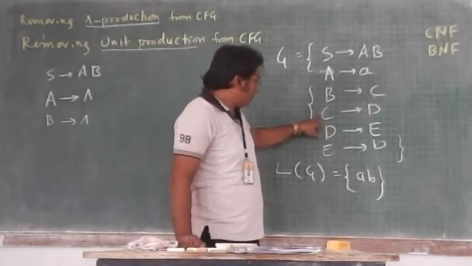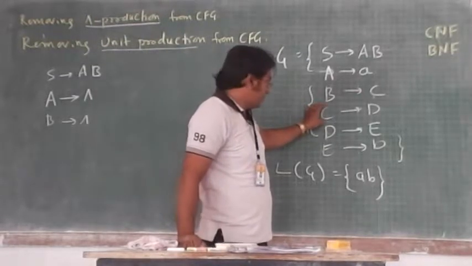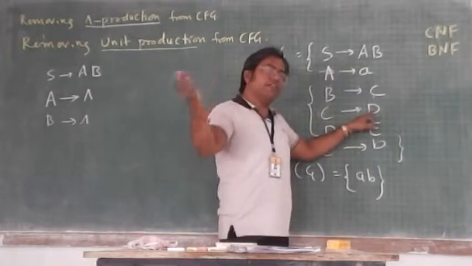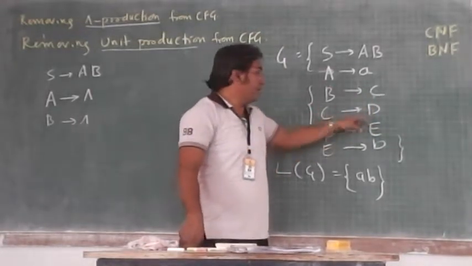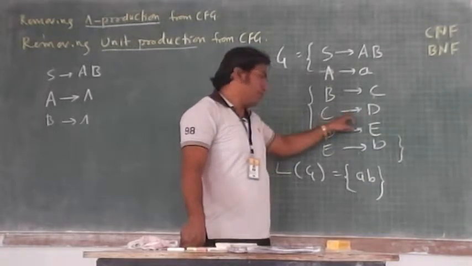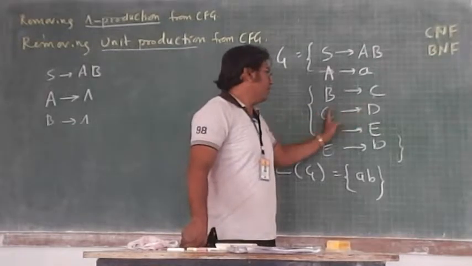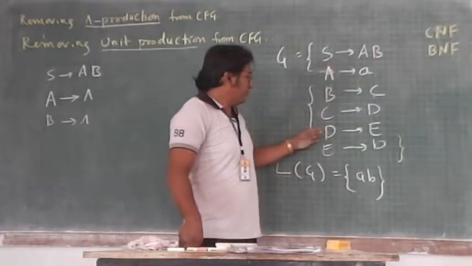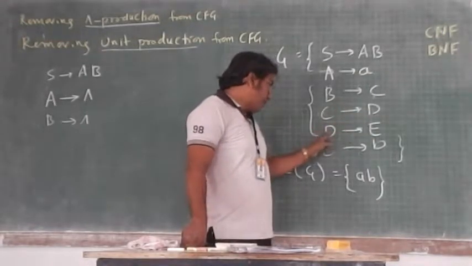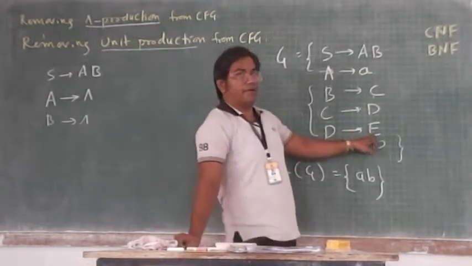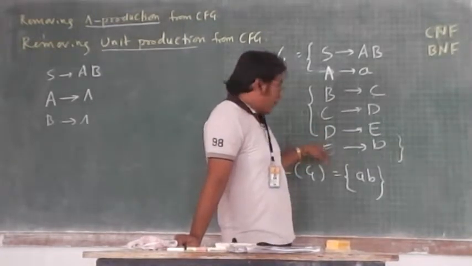Similarly, in this production C is just replaced by a new variable, that is D. But we won't get any contribution because of this particular production. We are simply replacing one variable by another variable. This production behaves the same way. Ultimately, by applying this production I am getting E in the derivation, which I am replacing by terminal B.